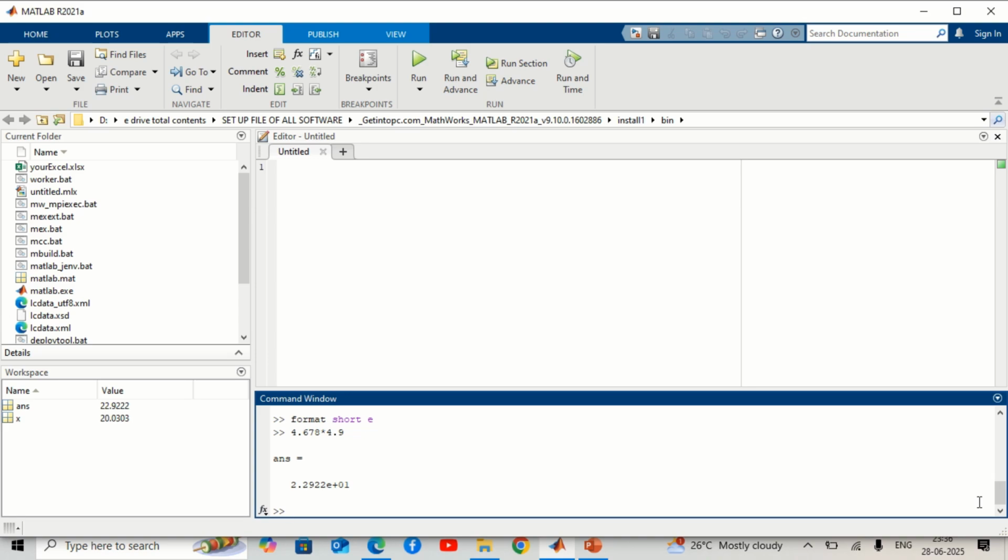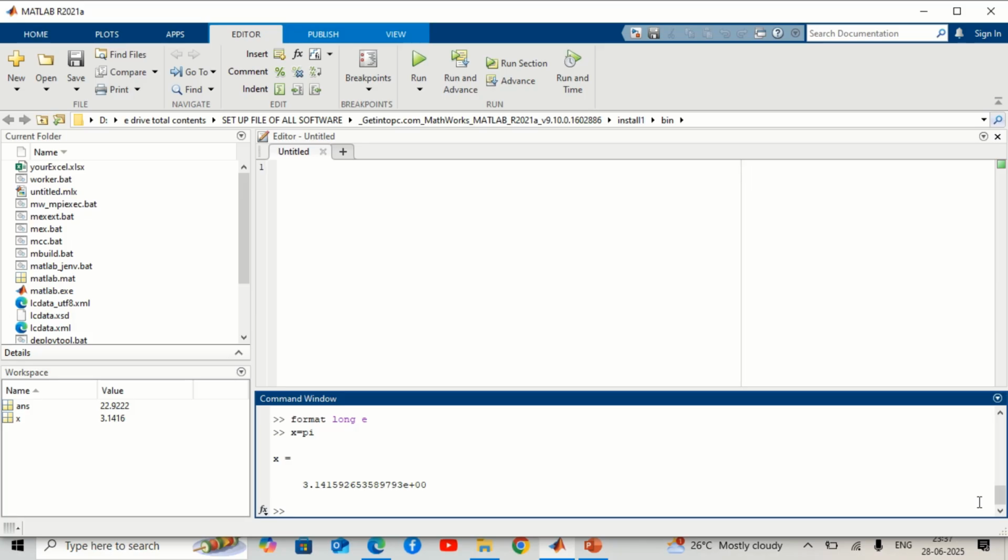If we use format long e and then press enter, and then we write x equal to pi, here we get the long format value, where we are displaying the 16 decimal places with exponent value.